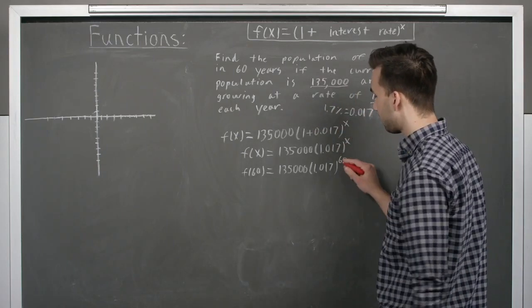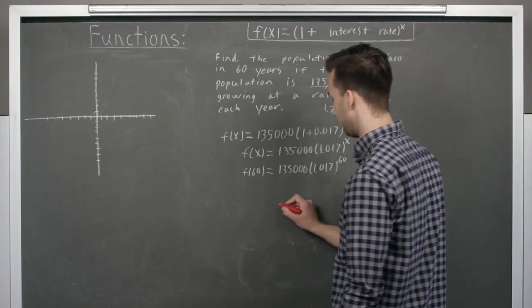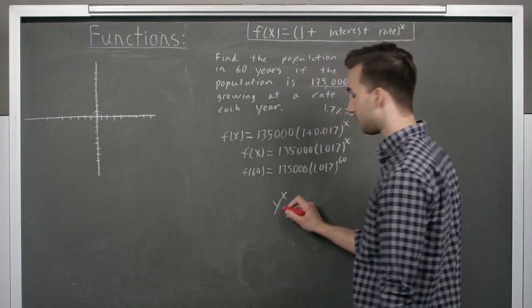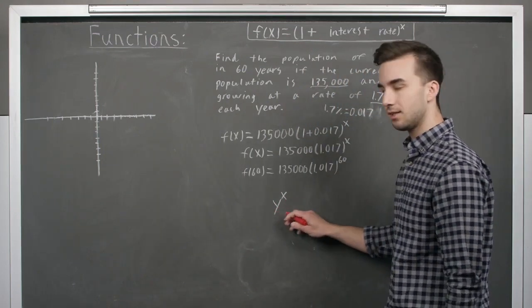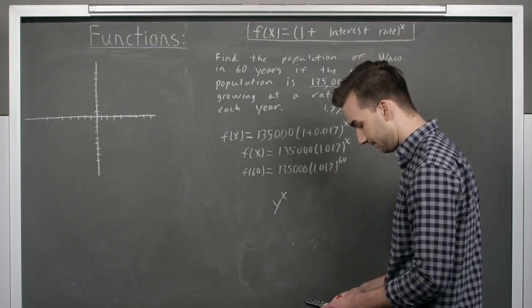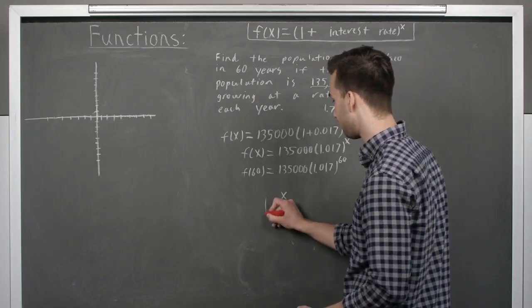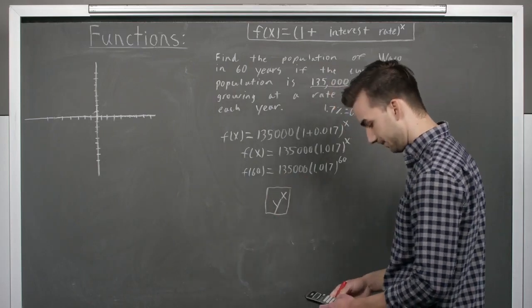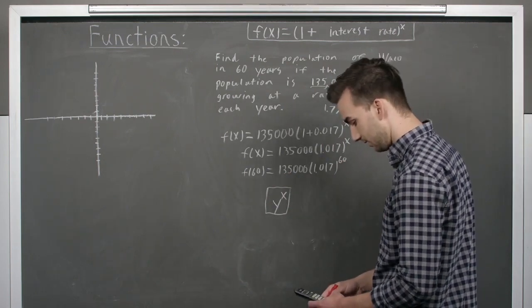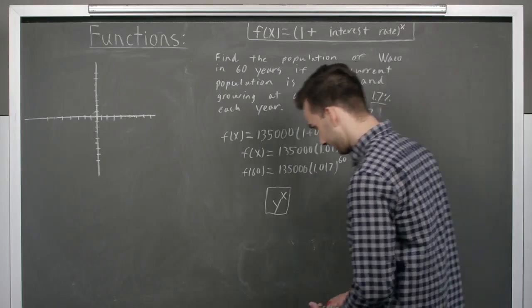If you're having trouble typing this into your calculator, you just have to find the button that most likely will say y to the x, this button here. So what you would type in is your 1.017, and then you hit this button here, and then you type in the exponent, your 60. And that will calculate that.